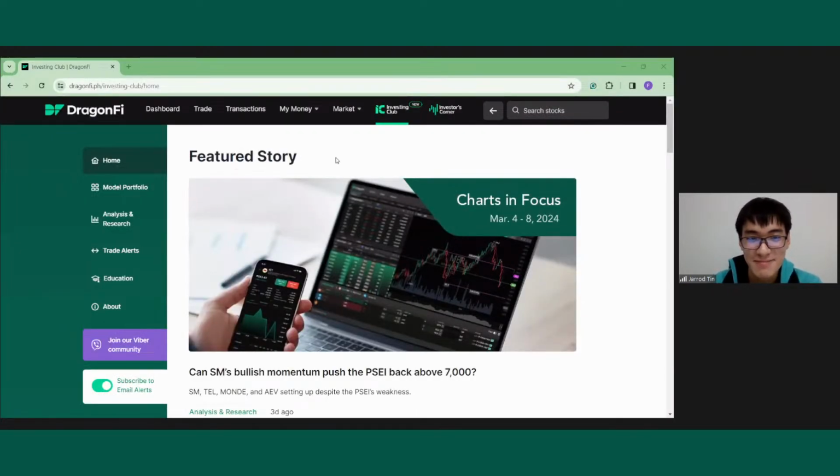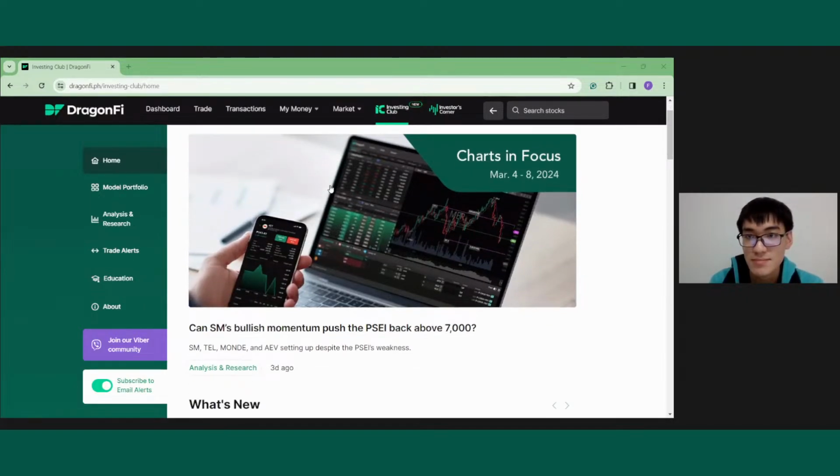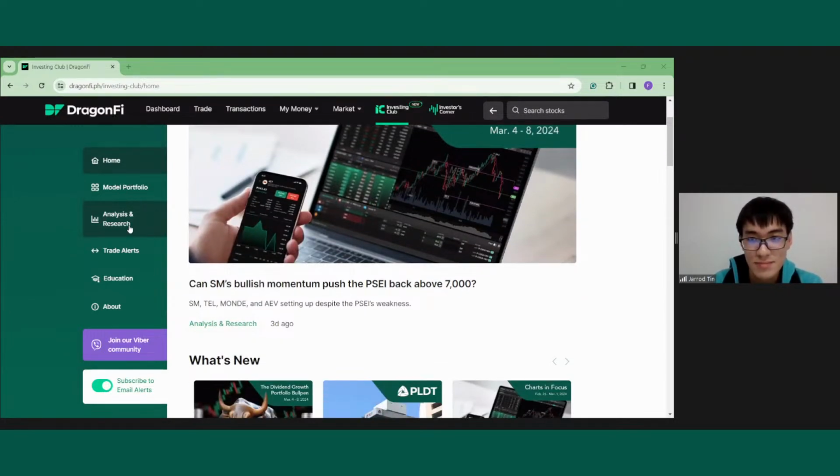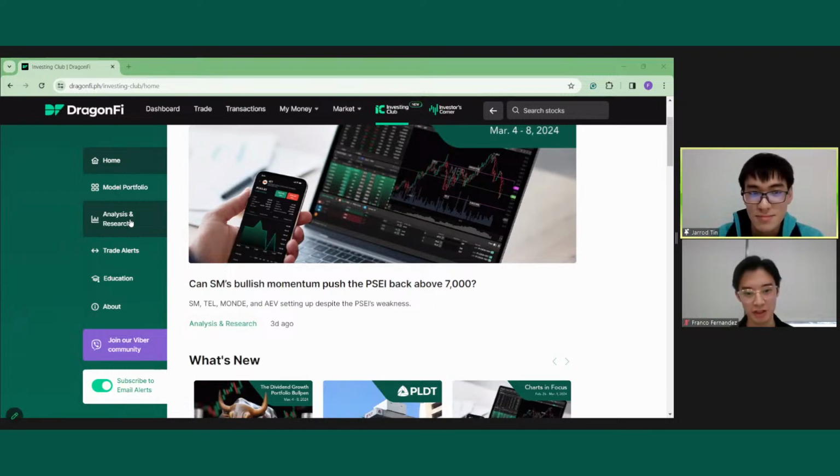All right, so as I mentioned earlier, we have the investing club and the investors corner. With the investing club, that's where we hold our model portfolio, and we have our specialized research and analysis for various stocks and news updates, basically anything related to the market and what we hold in our portfolio.